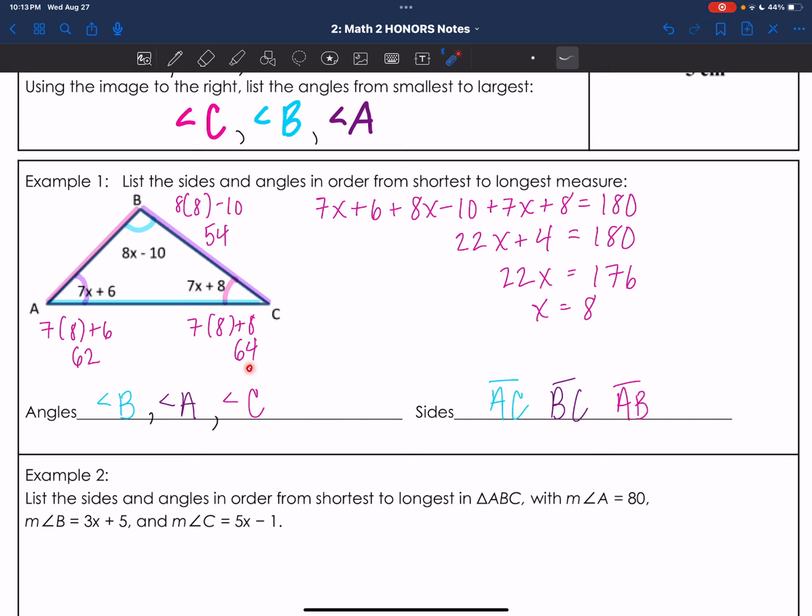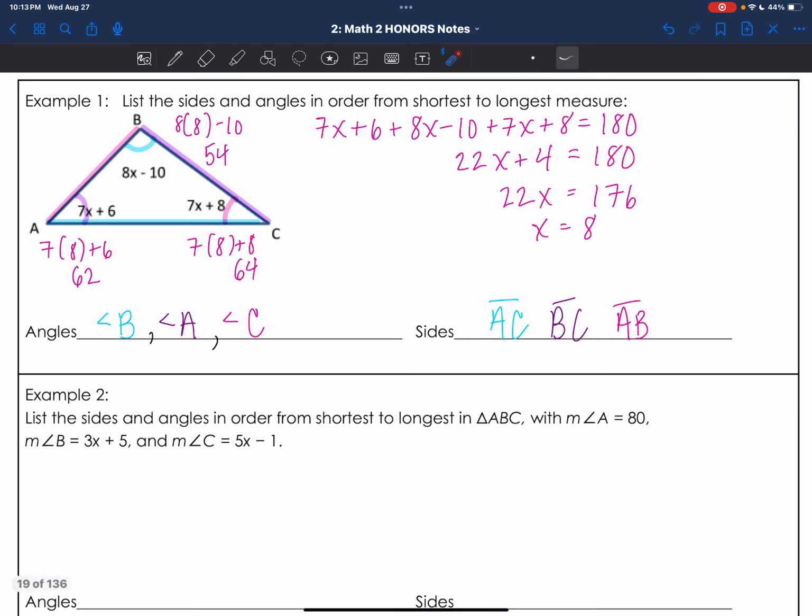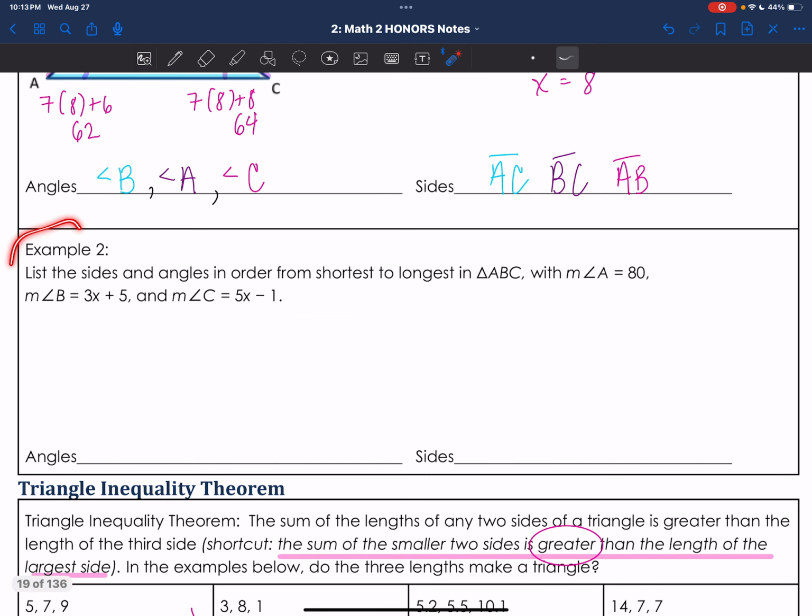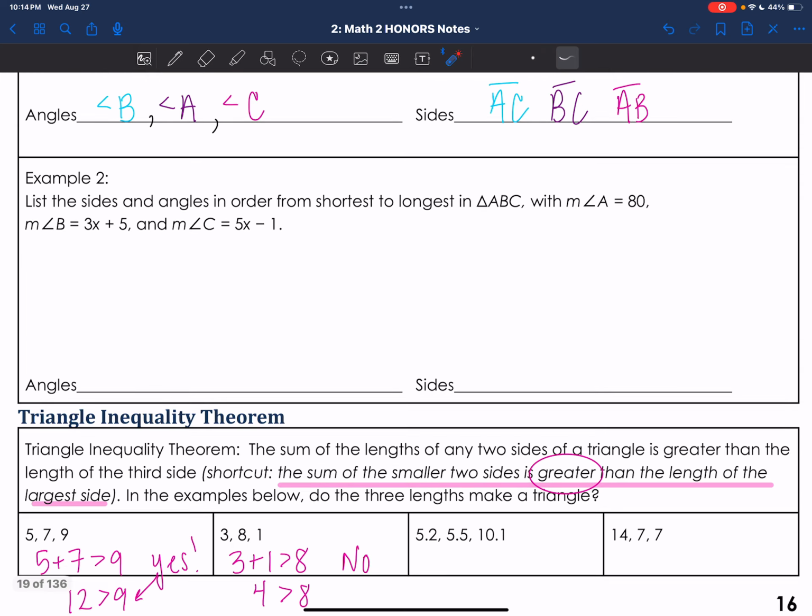And then lastly, this is the largest measure, and that's going to go across, which is AB. So angle C is across from AB. All right. You're going to try that one, and again, it's going to be shortest to longest, and it doesn't have a triangle, but you're welcome to draw a picture, and then go ahead and put those in order.